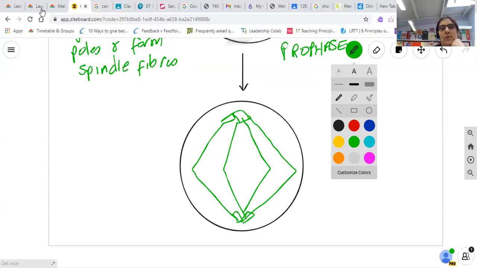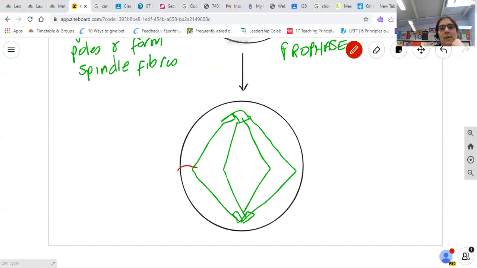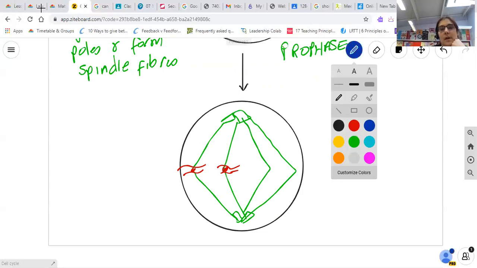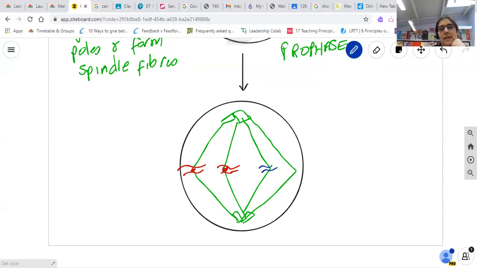And the chromosomes will line up along the center, the equator, in any order they like. I just happen to draw them this way. And their centromeres will attach to the spindles.